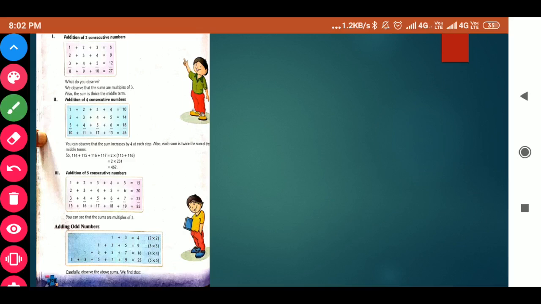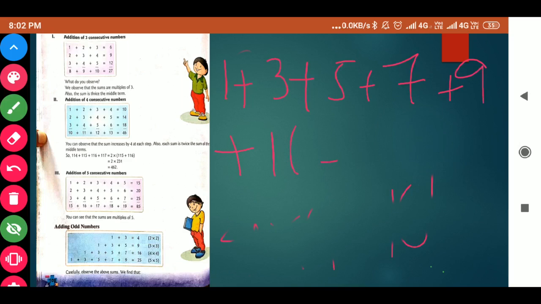Take any other odd numbers, but starting from 1. So 1 plus 3 plus 5 plus 7 plus 9 plus 11 plus 13 plus 15.